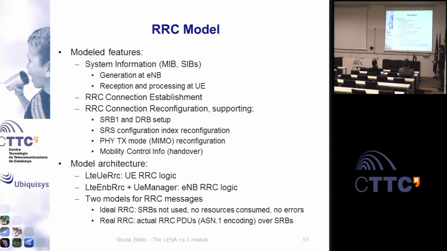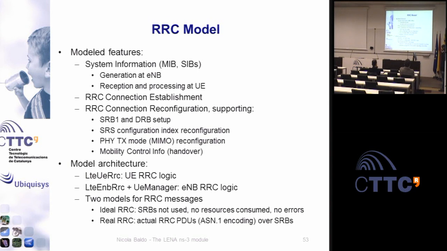Plus we have two different models for the transmission of RRC messages, or alternatively for the implementation of RRC primitives. One is the ideal RRC model, which is basically just implemented via direct function calls between the eNodeB and the UE, so that no actual RRC packet is transmitted over the air. This is to have an abstract model that can be a reference performance for an ideal case.